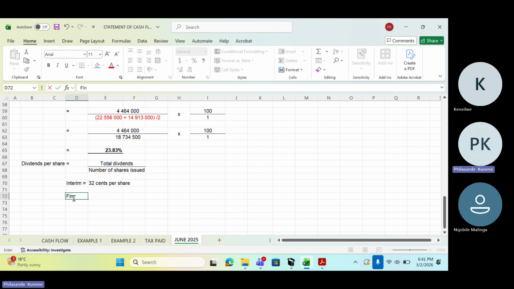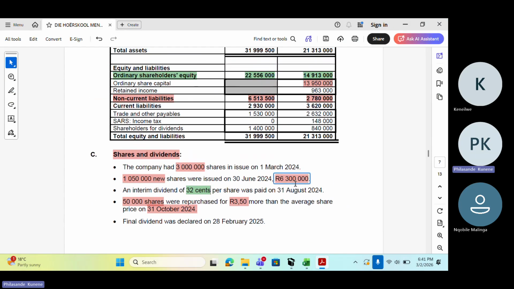Then the final dividends, that one we need to calculate. How much was the final dividends that were declared, divided by the number of shares in issue? How much is the final dividends in terms of the rand value? It's 1.4 million, very good, which is the shareholders for dividends at the end of the year.